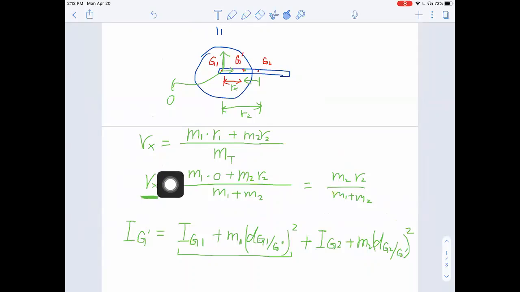You need to find Rx, then you can use that information to find the moment of inertia by using the moment of inertia of the first mass about the new G prime plus the moment of inertia of the second mass about G prime. That makes sense. And if you work on your homework problems, you will run into a problem like this. You can use this to find the moment of inertia.